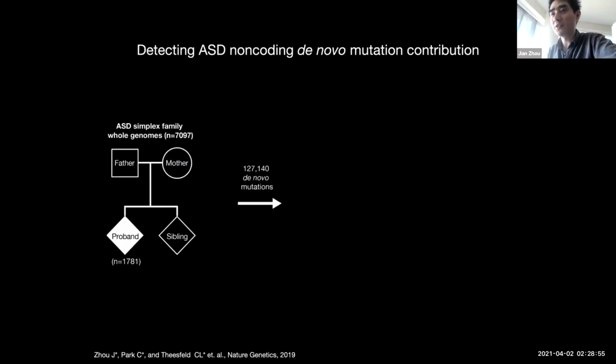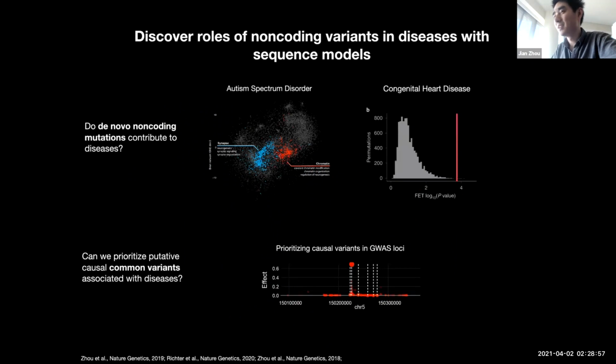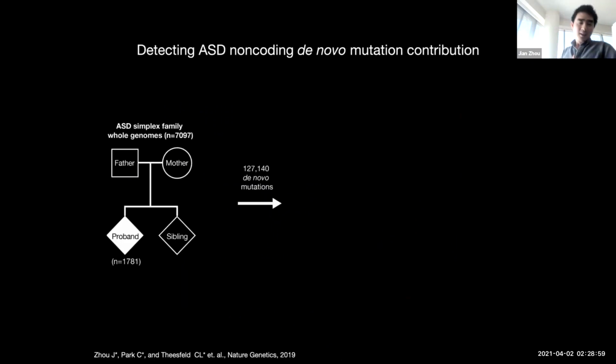Okay, so I'll give you one more story about autism. We'd like to apply our ability to predict the effect of genomic variants to actual human disease data. One of the applications we consider is whether de novo non-coding mutations contribute to diseases such as autism.